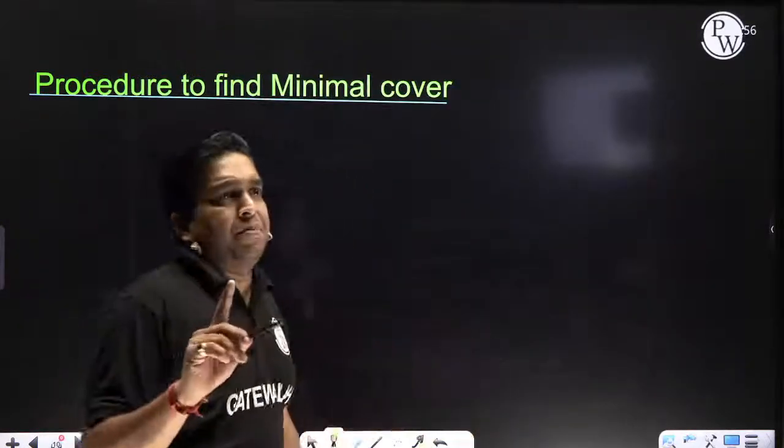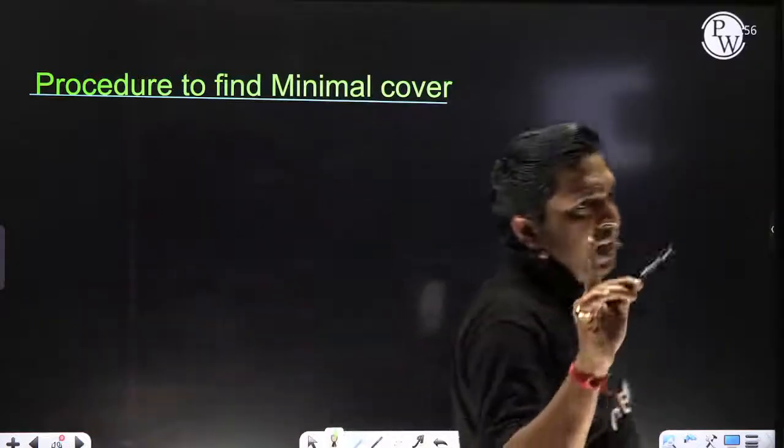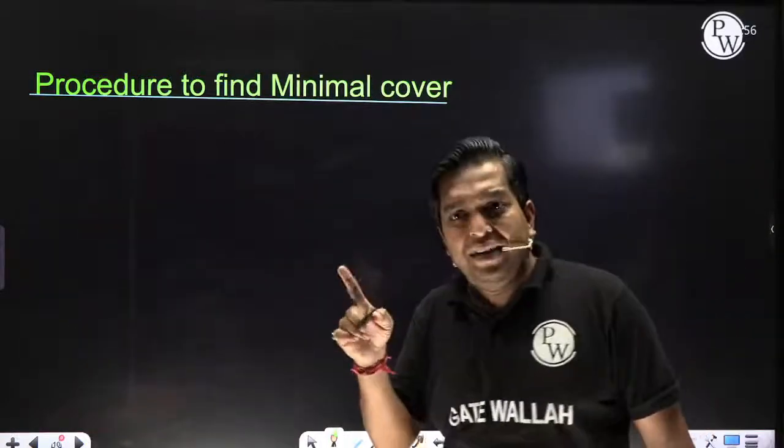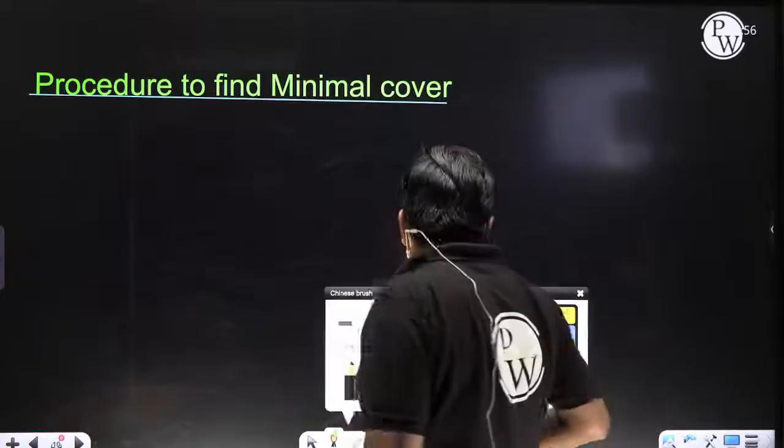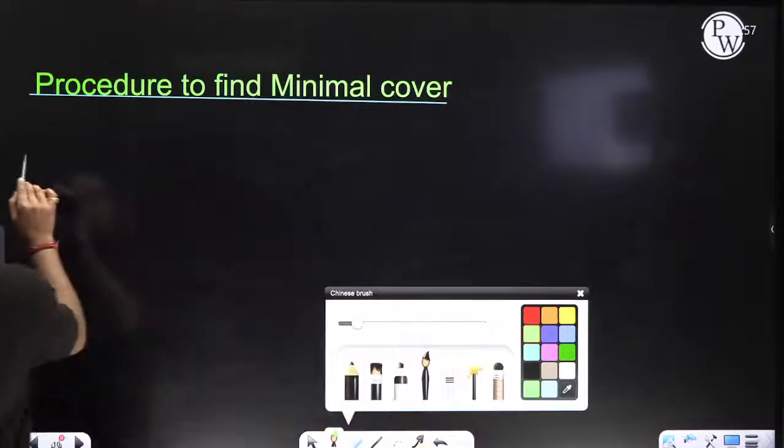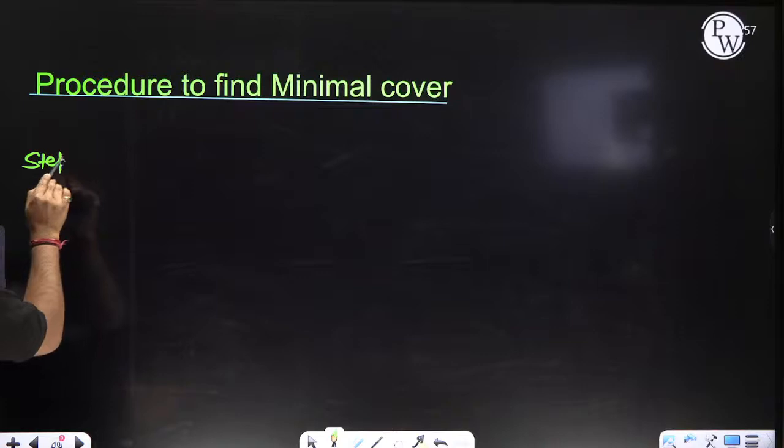There are three steps. My dear, please put your pen down. There are three steps to find the minimal cover. What are the three steps? Step number one is what?